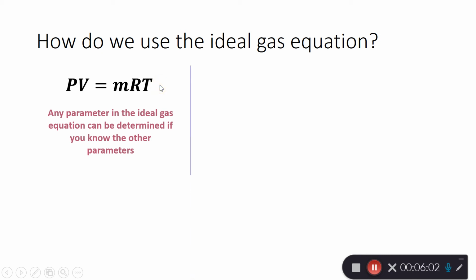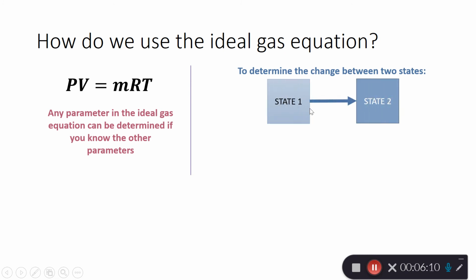Another way that we can use this equation is when you want to determine the change between two states. For example, we have some gas in a tank. Maybe it's heated until it reaches state 2. In this case, we can determine the relation between the two states.